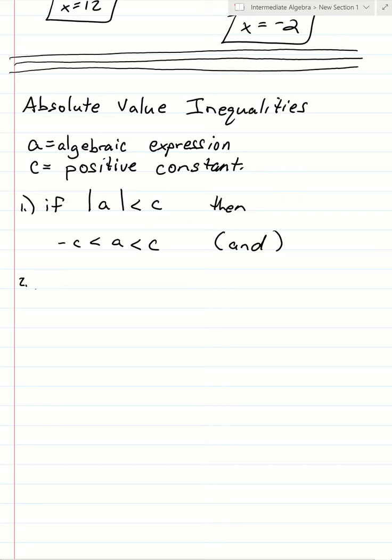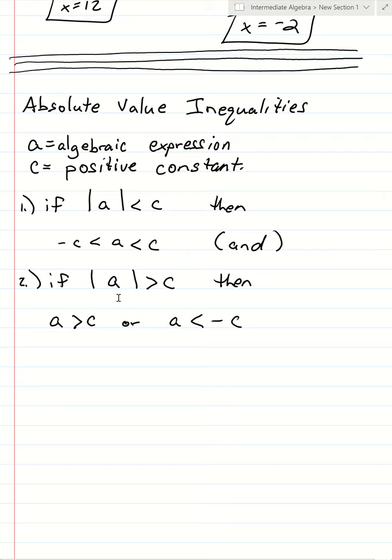The second rule tells us that if the absolute value of an algebraic expression is greater than a constant, then you are going to say that the algebraic expression is greater than the constant, or the algebraic expression is less than the opposite of the constant.